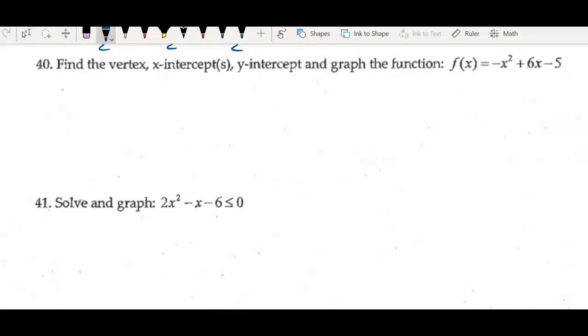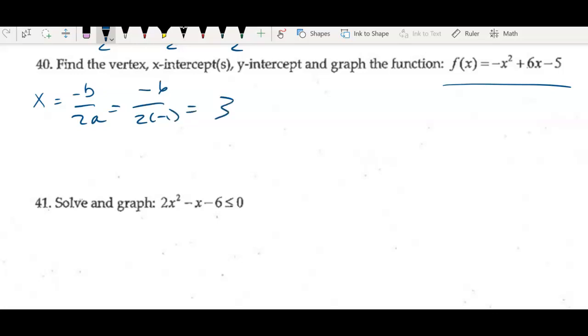All right, so here's my function. I need a vertex. So your vertex, the x value is -b over 2a. I believe that's at 3. To find the y value, you got to plug it in.